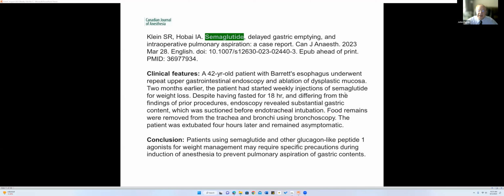And they're saying that patients on glucagon-like peptide 1 agonists for weight management may require specific precautions during the induction of anesthesia. And these precautions may require rapid sequence induction or awake intubation. But now the American Society of Anesthesiologists have made additional recommendations that these patients not be on the drug for a week prior to induction of anesthesia.